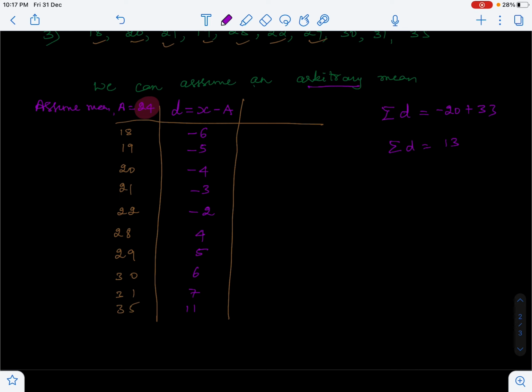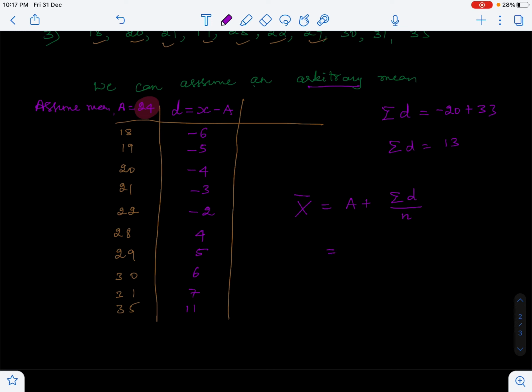The formula of the arithmetic mean using assumed mean is A plus summation of d divided by the number of observations.